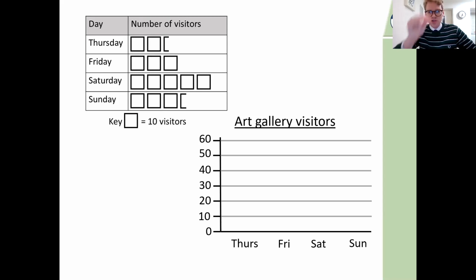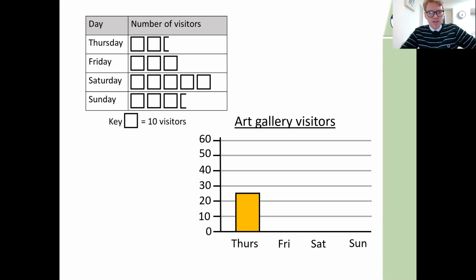So we had 1, 2, 3, 4, 5. But as we can see, sometimes we're not going to want to go up in ones because we don't really want to write out 1 to 60. That'll take us ages and you probably don't have enough room on your page. So in this case, we want instead to go up in a different amount each time. And this person has chosen tens as their jumps up each time, which I think is really sensible, isn't it? Because we've got multiples of 10 in our key.